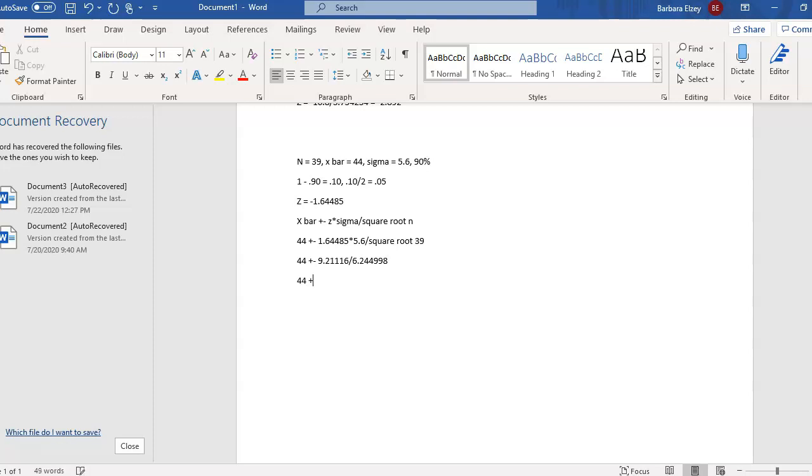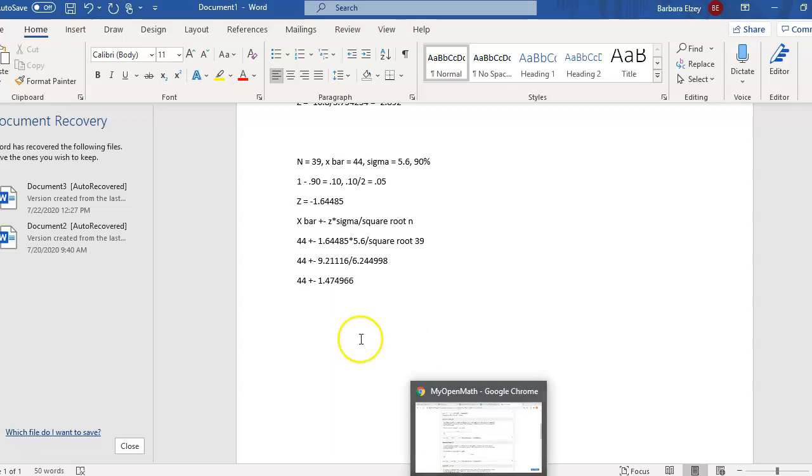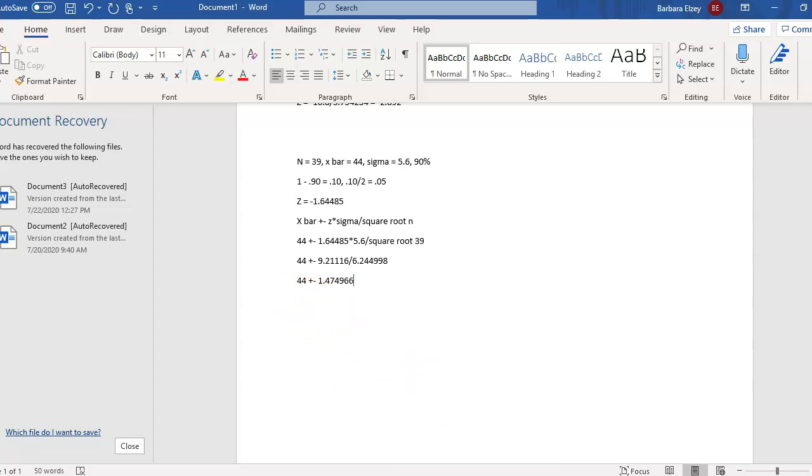All right, so I'm going to finish off the right-hand side there. I'm going to take the 9.21116 and divide it by the 6.244998. That gives me 1.474966. All right, so now I'm going to get my confidence interval, but I'm going to go back here for a minute because in the answers, depending upon how it's written, we may just want to report this the way I've got it now.